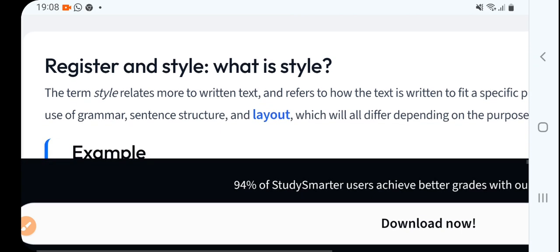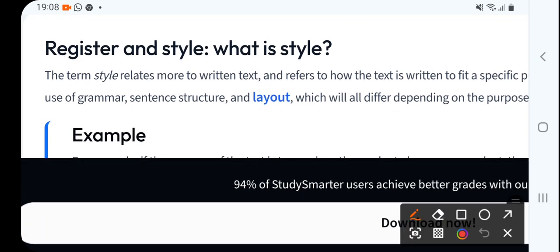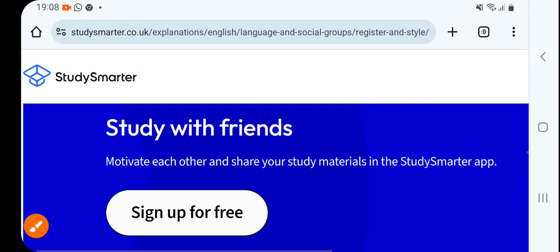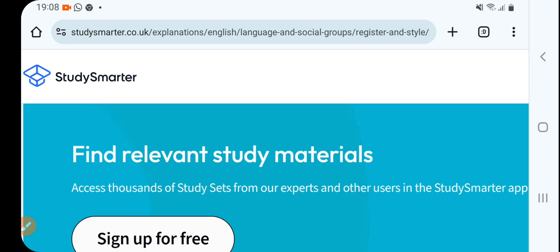Now style. Register and style. What is style? The second topic is style, right? I am making another video on style, but what we have learned together so far is this: the register is the language used for a particular domain.